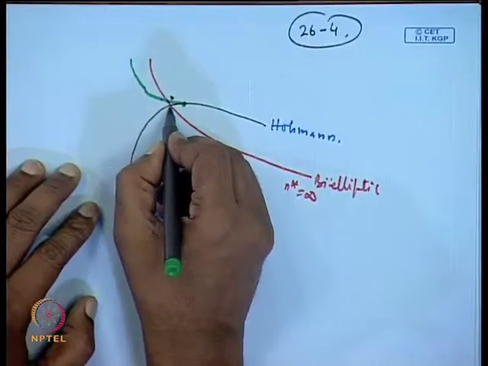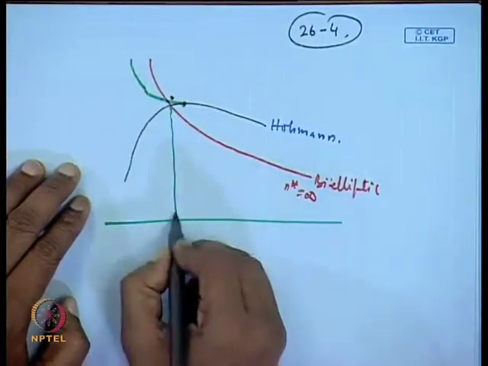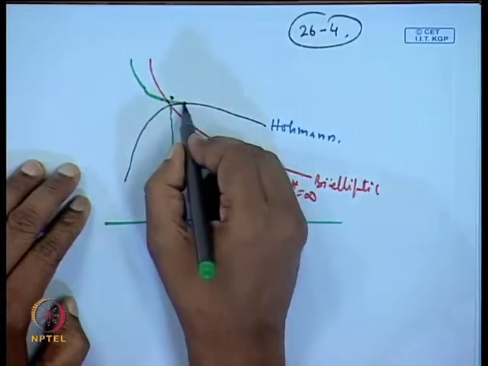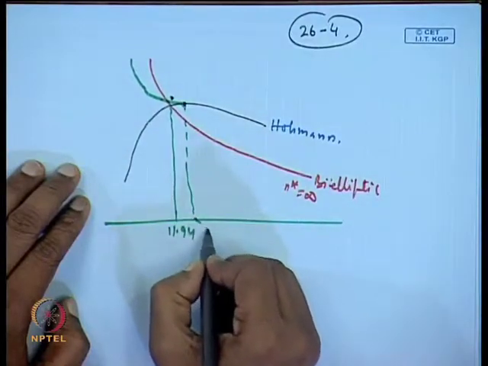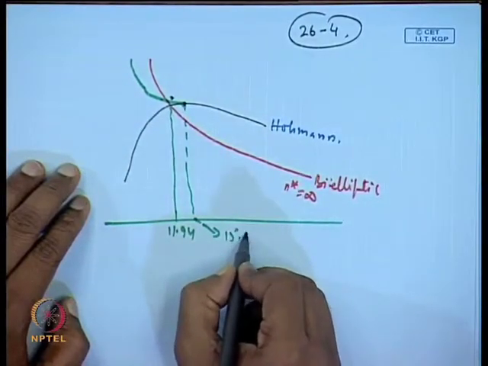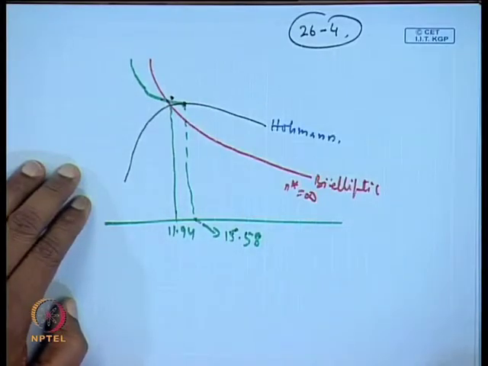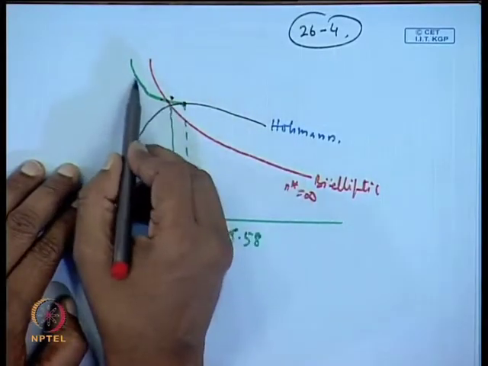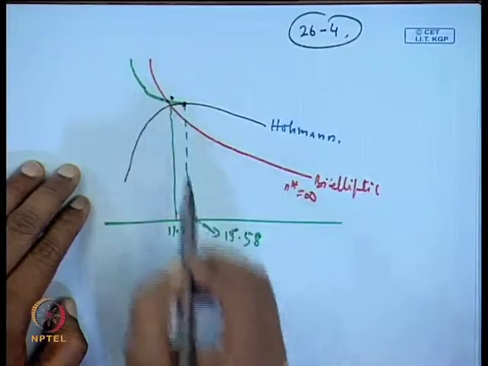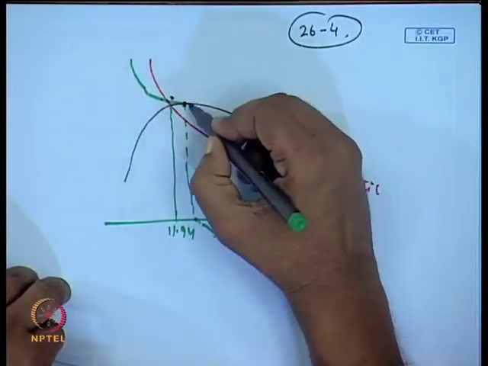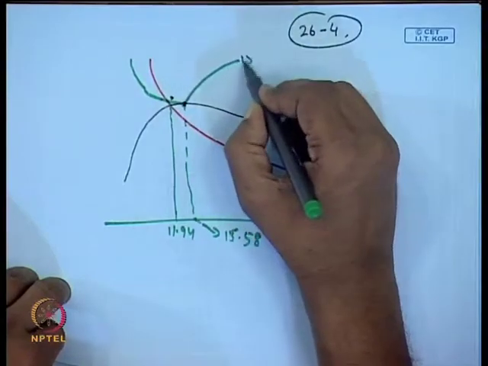And this point where it cuts on the x axis was our 11.94, and where it is cutting this point is 15.58. Okay, so you can see the difference in these 2 points. This green line is crossing the red line and cutting it here in this point, and thereafter it is moving in this direction.